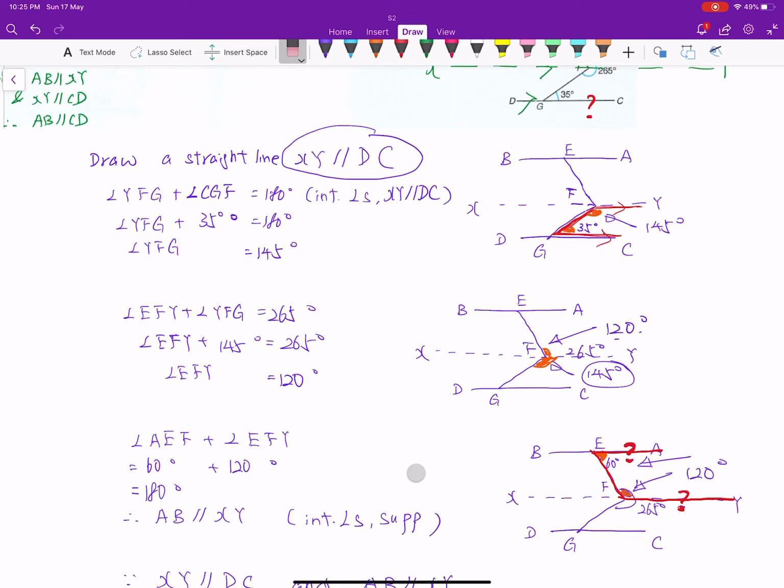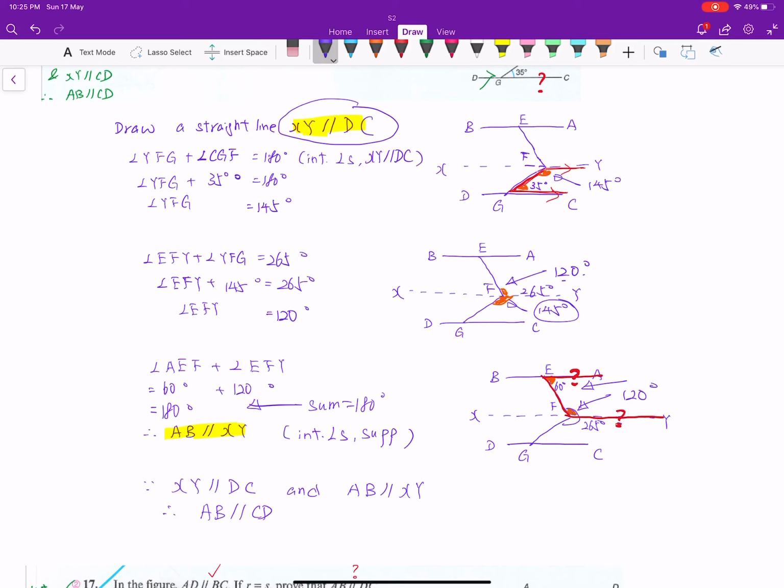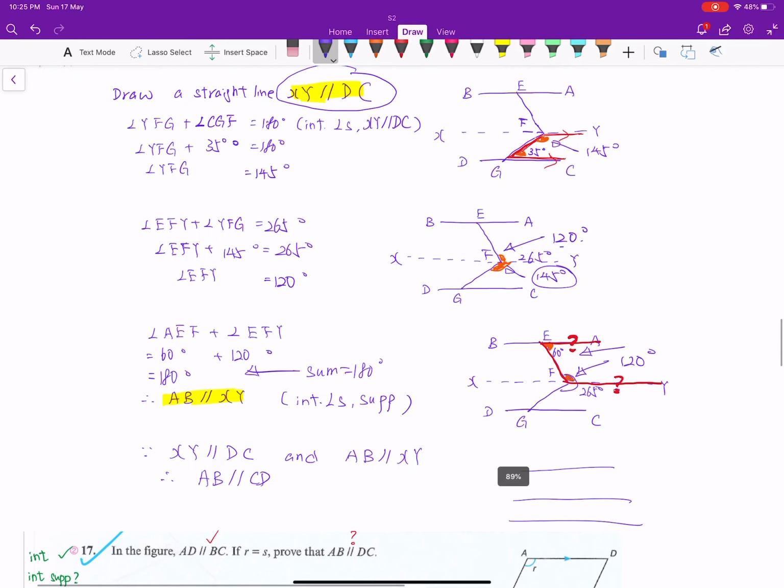If they sum up to 180 degrees, then it is supplementary, then AB is parallel to XY. Okay, now we can draw a conclusion that if XY is parallel to DC and AB is parallel to XY, then we can say three pairs of straight lines are parallel, okay?